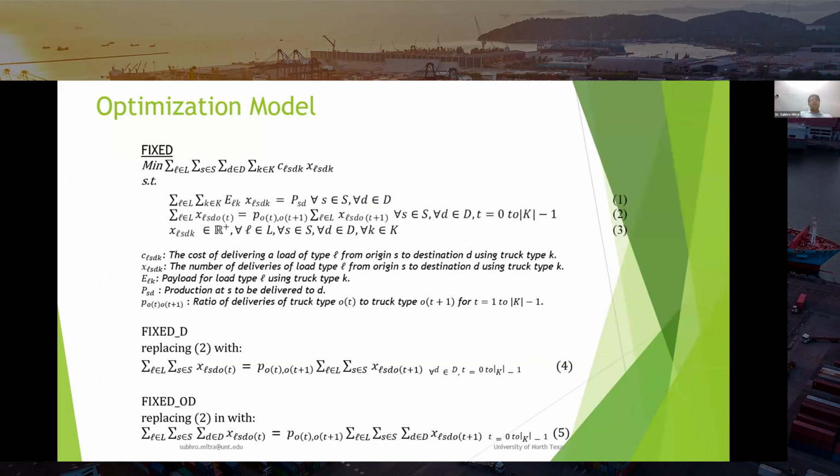This is an optimization model which we have built. Again, we have a number of optimization models. So one over here is the cost minimization model using different trucking configurations from the farm to the elevator and from the elevator to the final destination.